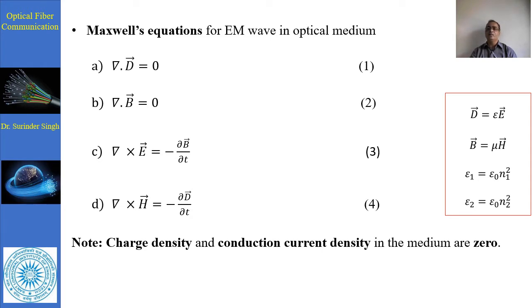B is equal to mu H, this means del dot H is also equal to 0.